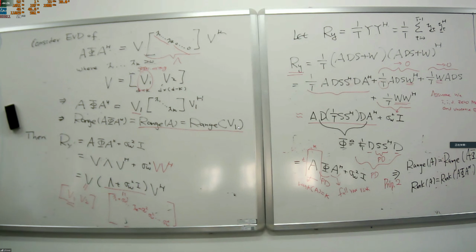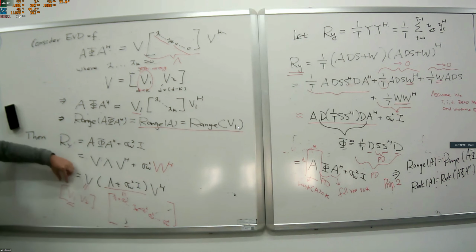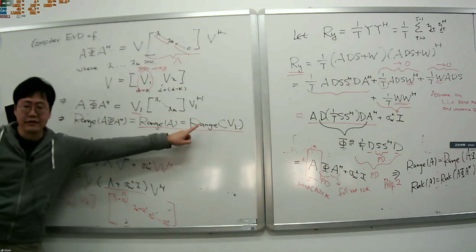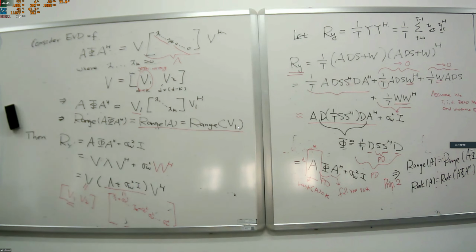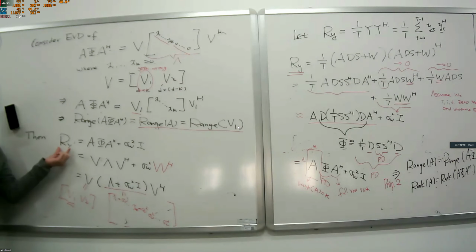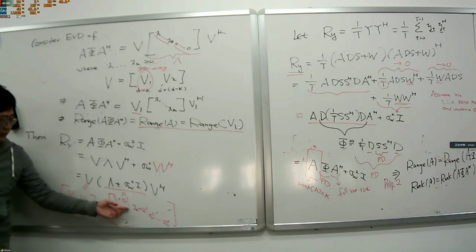So we can do the eigenvalue decomposition for Ry, and the eigenvectors associated with the first K eigenvalues give this V1, which represents the range space of A. So this gives us a way, since we actually don't know A. We only have Y. But by the correlation matrix Ry of the observations, we do the eigenvalue decomposition, then find the eigenvectors associated with the first K eigenvalues.